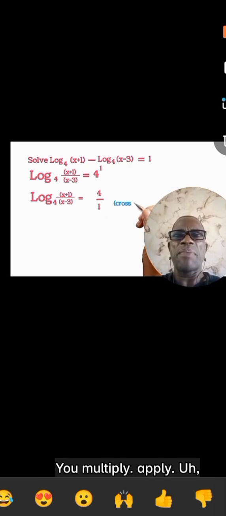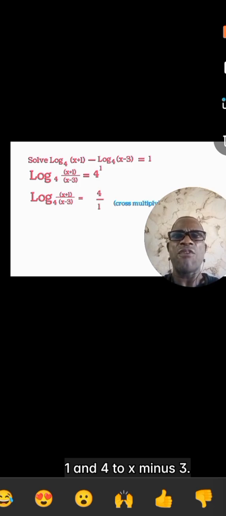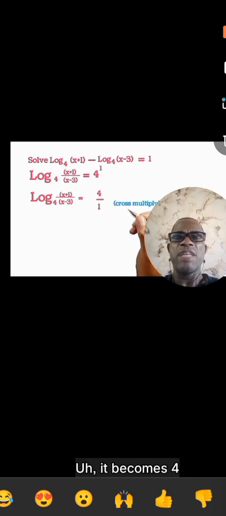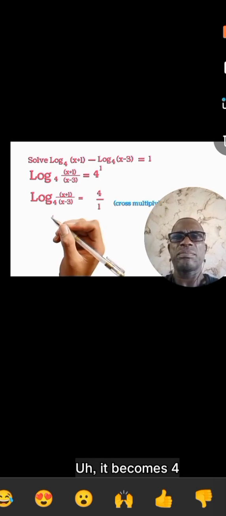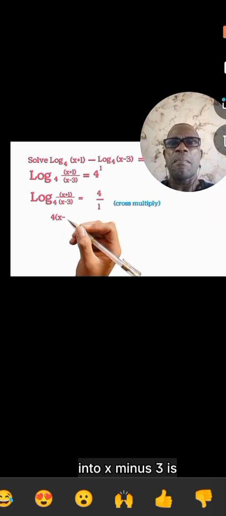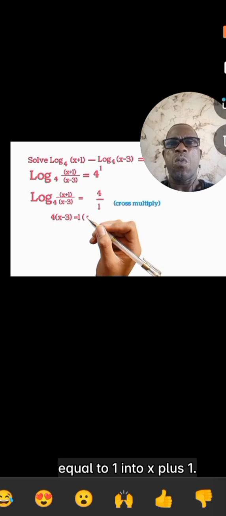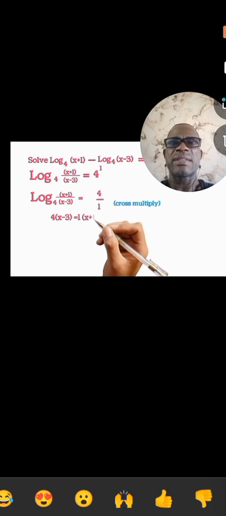You multiply 1 by (x plus 1) and 4 by (x minus 3), and it becomes 4 into (x minus 3) is equal to 1 into (x plus 1).